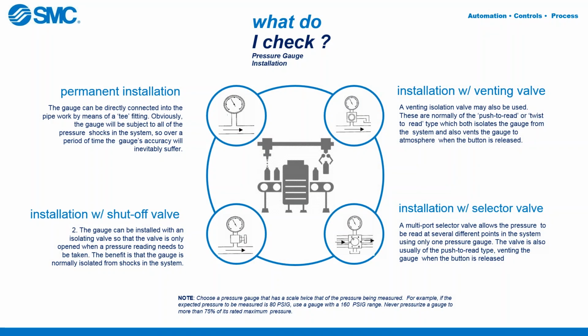And you can check with permanently installed gauges. Some systems may have a little isolation valve that you have to press a button to read the gauge. There may be a shutoff valve or a test port that you can use, or there may be just random fittings or tees that you can use to install a pressure switch and get a reading.